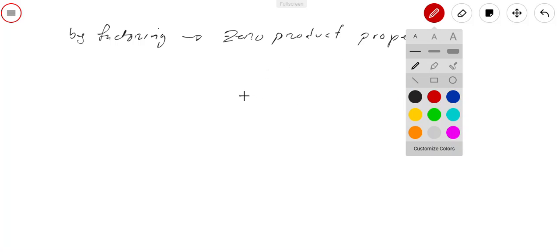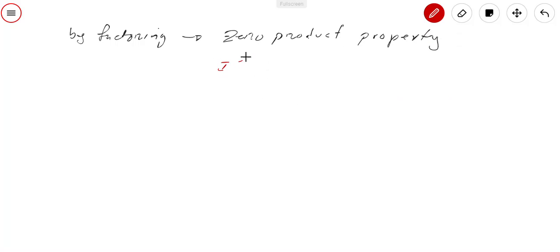To solve a quadratic equation by factoring, we're going to be using the zero product property. In this property, we have that if a times b is equal to 0, so if the product of two factors is equal to 0, then a is equal to 0 or b is equal to 0.